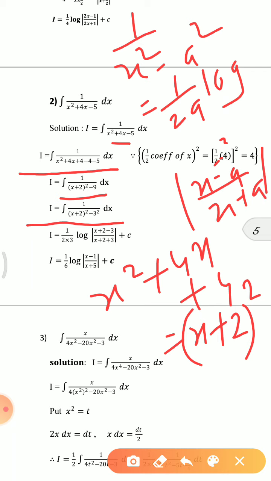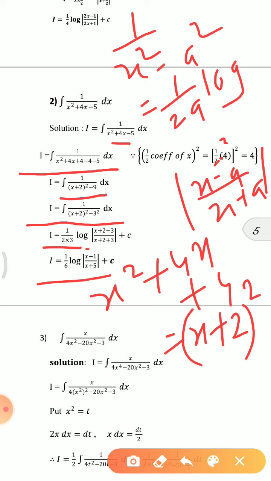The value of a is 3, so 1 upon 2 into 3 log of (x plus 2 minus 3) upon (x plus 2 plus 3). 2 into 3 is 6, so 1 upon 6 log of (x minus 1) upon (x plus 5), since 2 minus 3 is minus 1 and 2 plus 3 is 5, plus c.